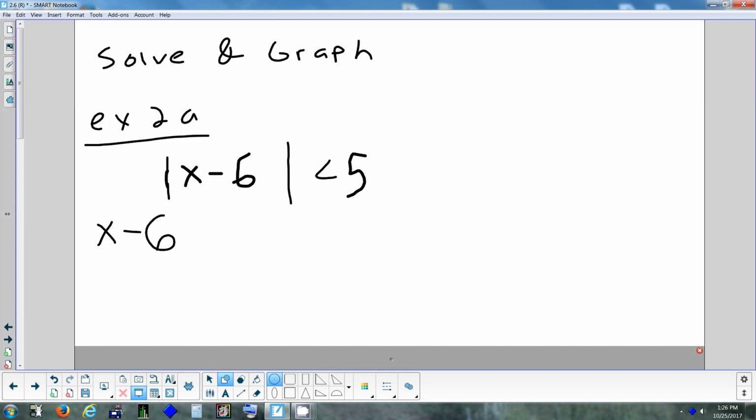Is the arrowhead pointing left or right? Towards me, right? Cool. And then what? X minus 6, what number is going to be here? 5, right? Nothing changes except the bars. There's no bars. Everything else stays exactly the same.